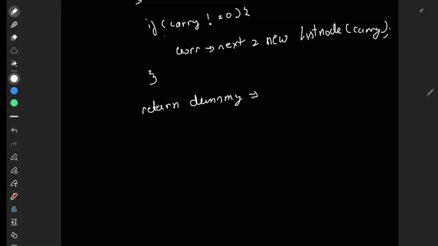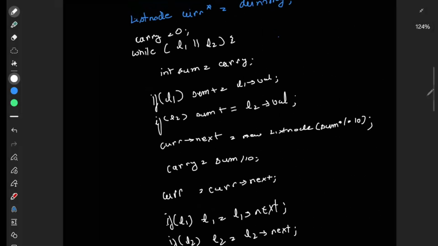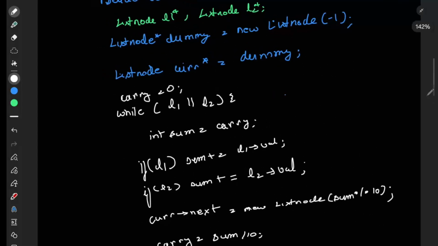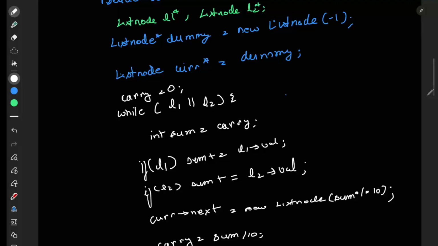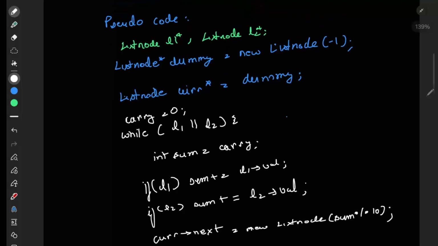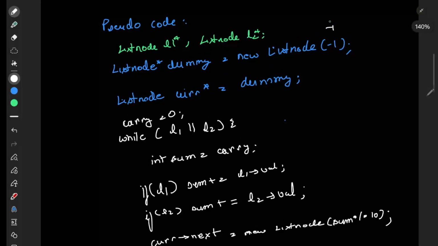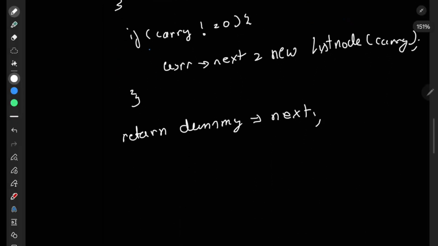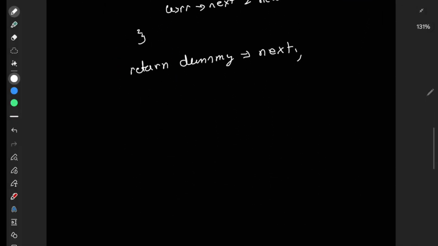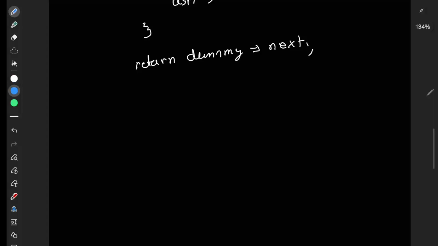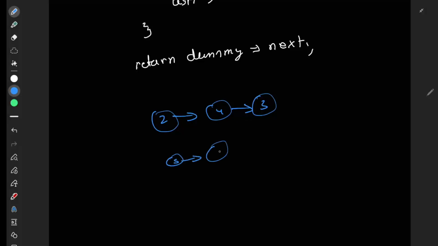Since dummy is the dummy pointer, it holds the head of the summed linked list, and we initially gave it the value of -1. So let's say for the example we had earlier, with the list 3, 6 and 4.